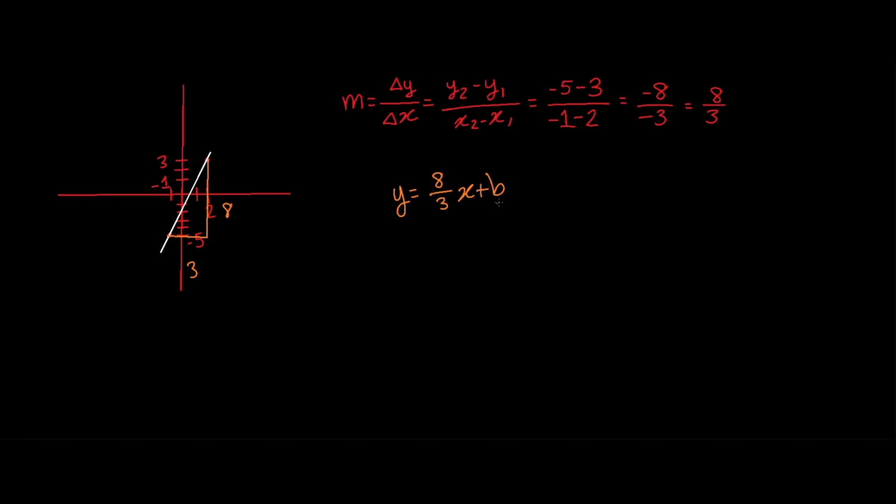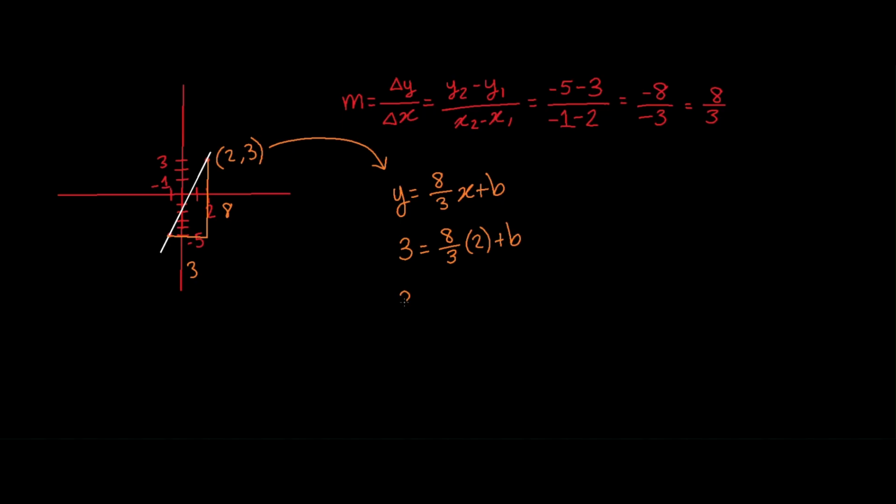So how are we going to find the b? Well, we could take one of the coordinates, (2, 3), substitute that into this formula, and solve for b. So let's do that. So y would become 3. So 3 is equal to 8/3 times x, which is 2, plus b.